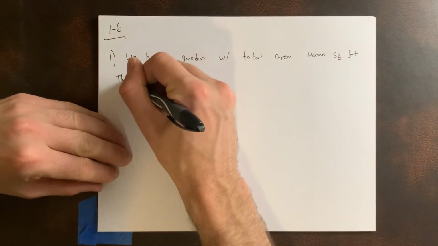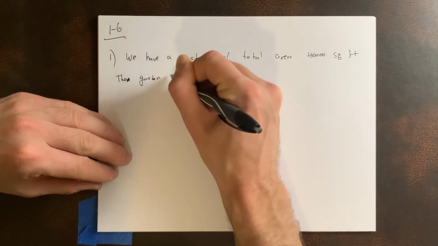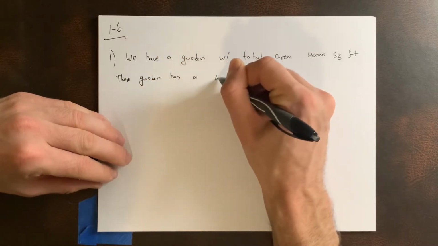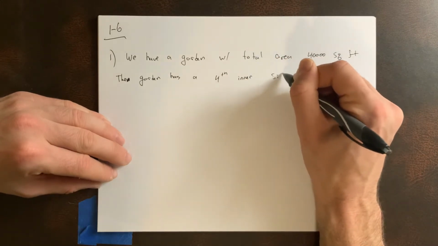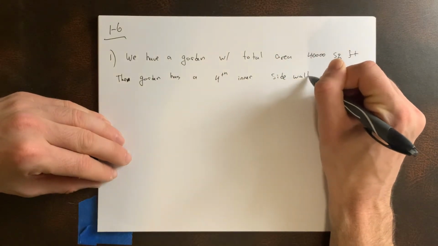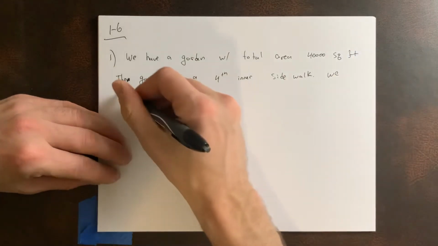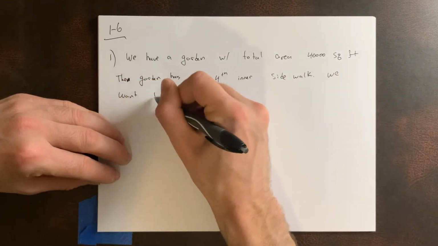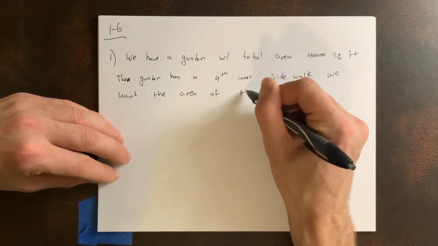So the garden has a 4-foot inner sidewalk. And with this information, we want the area of the inner garden.